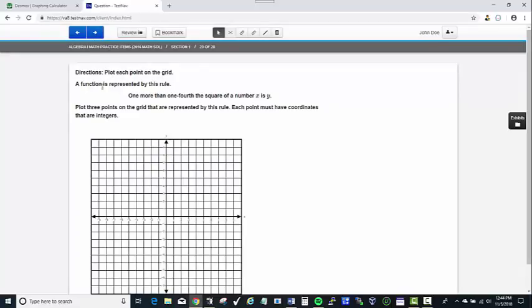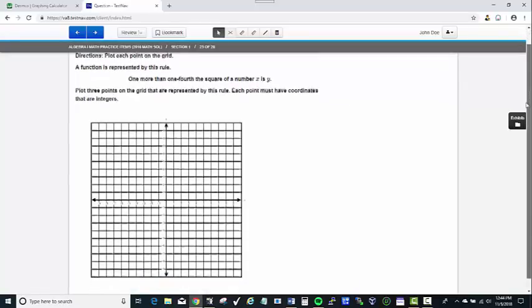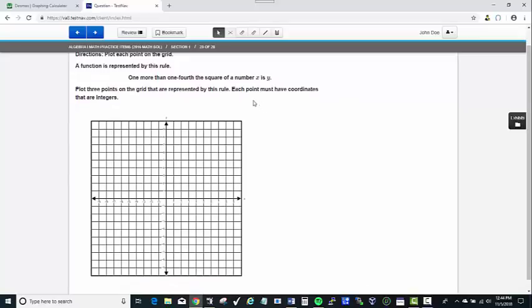Directions: plot each point on the grid. A function is represented by this rule. One more than 1/4 the square of a number, x, is y. And then it says plot 3 points on the grid that are represented by this rule. Each point must have coordinates that are integers. Again, the key, taking these English words and translating them into a mathematical equation.